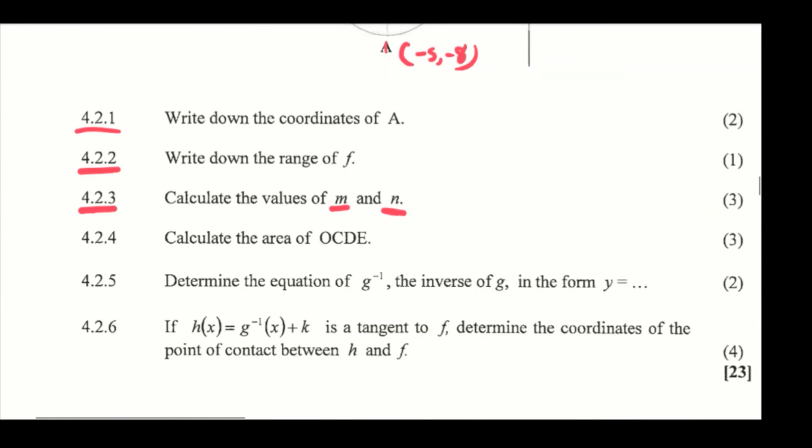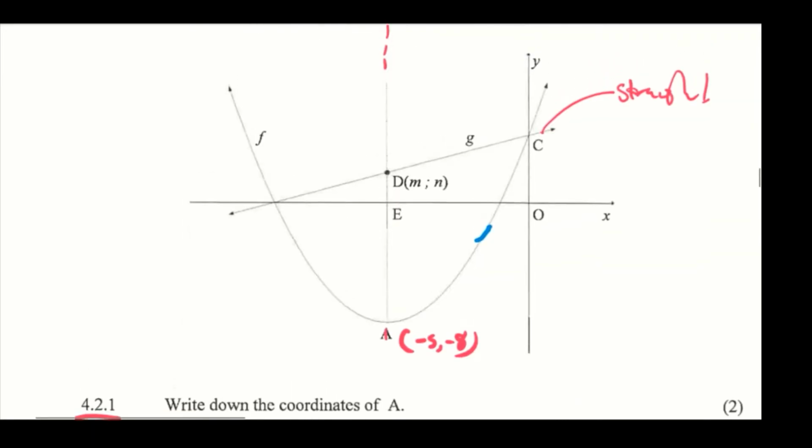Then in 4.2.4 we are asked to find the area of OCDE. So for us to find this area, we want the area of D, E, right?